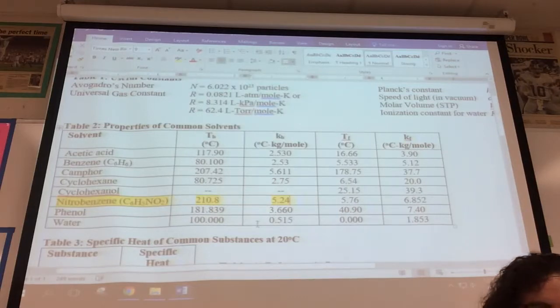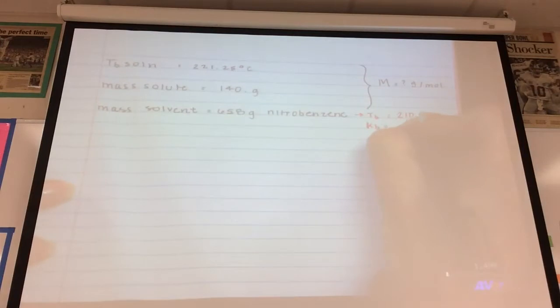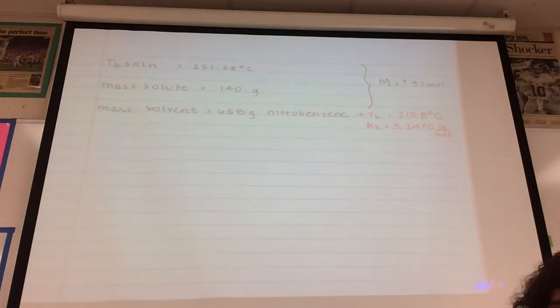It boils at 210.8 degrees Celsius, so it may be helpful to you to pull that information out at the beginning. The molar boiling point constant is 5.24 degrees Celsius kilograms over moles, or degrees Celsius per molar, whatever's easier for you.